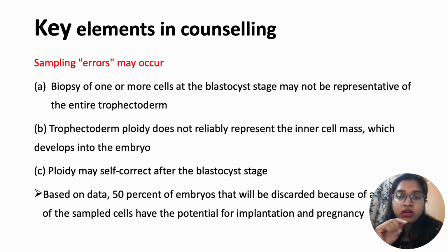So taking 5 or 10 cells of the trophectoderm is not going to represent the whole trophectoderm, and the trophectoderm is not representative of the inner cell mass, which is going to become an embryo later. Third thing is these ploidies may self-correct after the blastocyst stage, and based on data, 50% of embryos that would be discarded because of aneuploidy of the sampled cells have the potential for implantation and pregnancy.